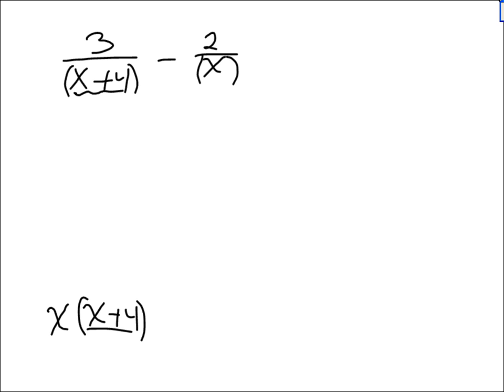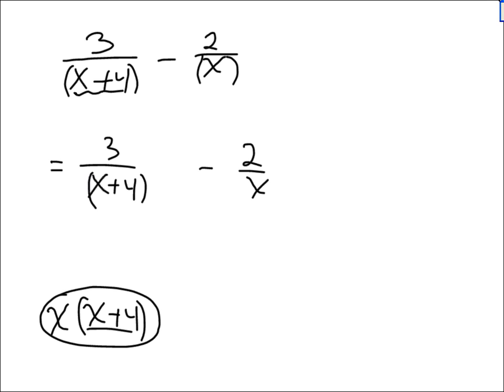Now, I need to rewrite these two fractions with the same denominator. 3 over x plus 4 minus 2 over x. Now, I want to change the way they look. That is, I want each of these fractions to have this denominator.